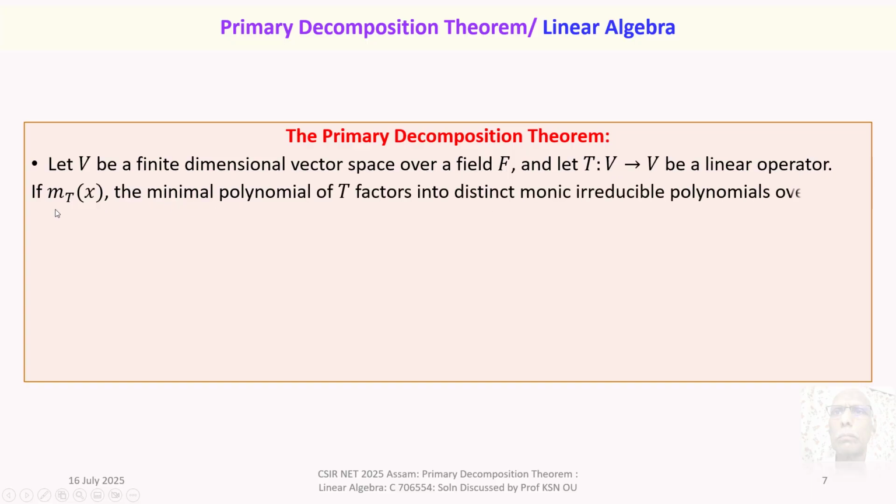If the minimal polynomial of T factors into distinct monic irreducible polynomials over F as m T of x is equal to p1 of x to the power of r1, p2 of x to the power of r2, etc., pk of x to the power of rk.